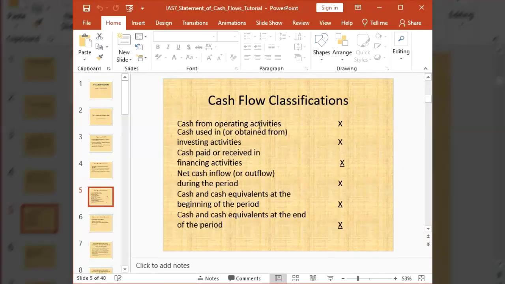To this amount, we add the cash and cash equivalents at the beginning of the period, and we finally get the cash and cash equivalents at the end of the period.